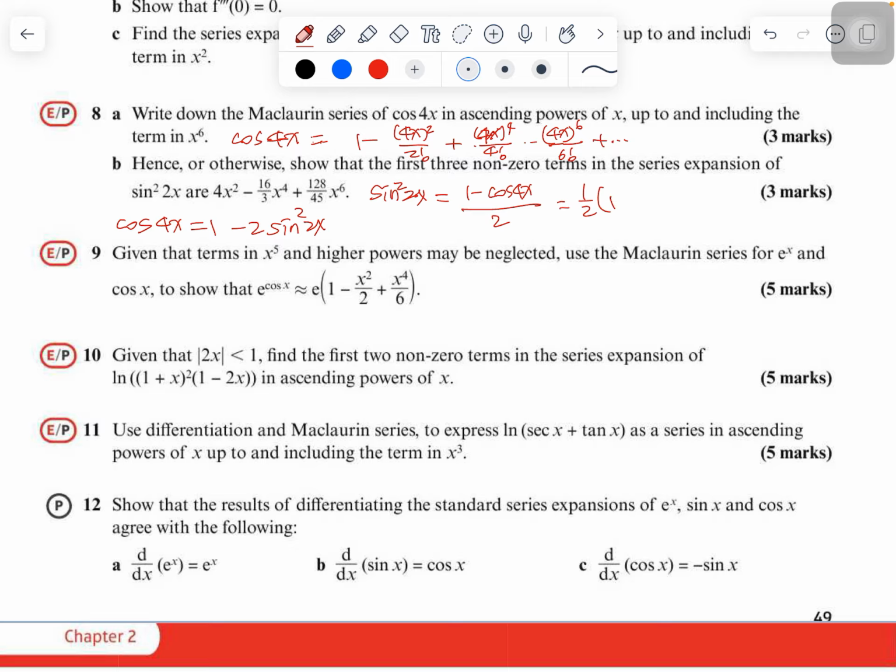So 1 over 2, 1 minus (1 minus (4x) squared over 2 factorial plus (4x) to the power of 4 over 4 factorial minus (4x) to the power of 6 over 6 factorial, blah, blah, blah). So when you simplify this, this is the answer. Maybe this is this one.